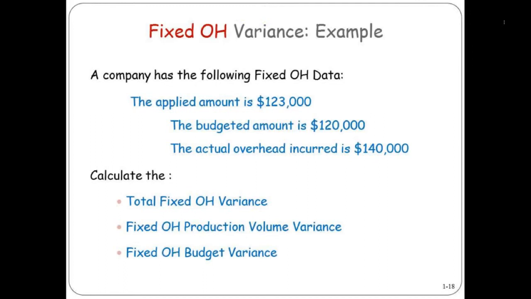What's this variance here? Which one is this? The production volume. So this is your production volume variance. 33,000 over applied. You applied more than you budgeted for. What's this one? We're calling it the budget variance or the spending variance.